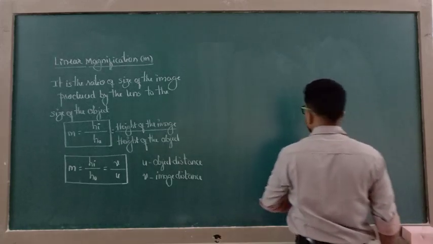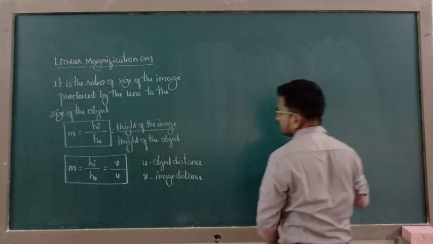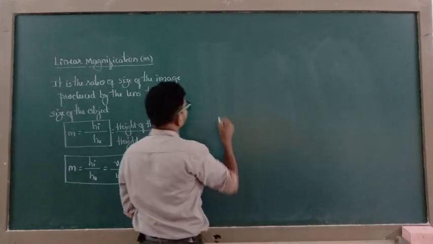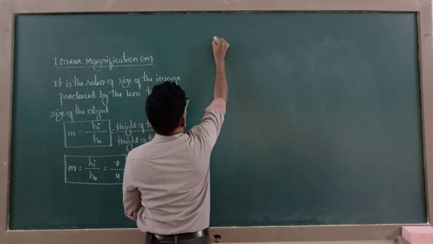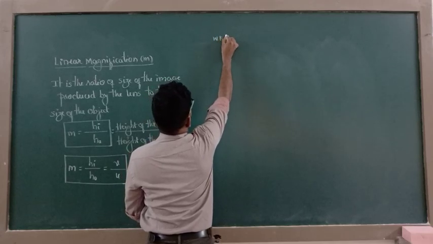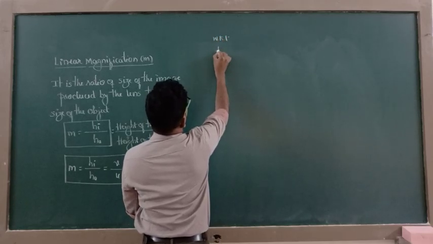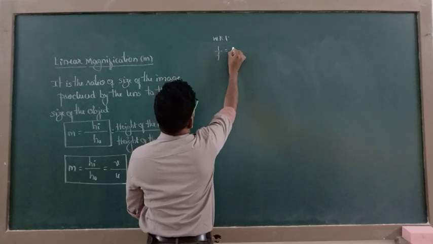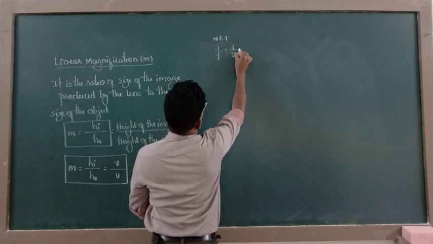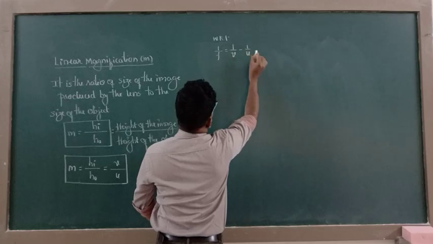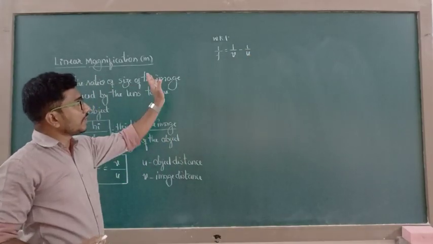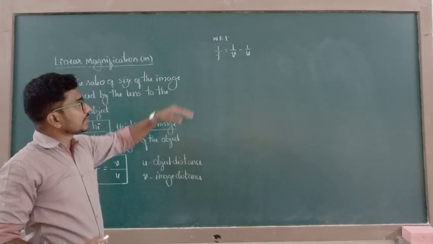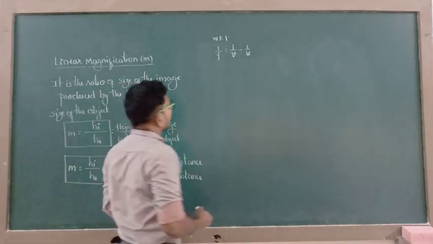So we know the thin lens formula: 1 by f is equal to 1 by v minus 1 by u. Now I am going to multiply this equation by v on both sides.